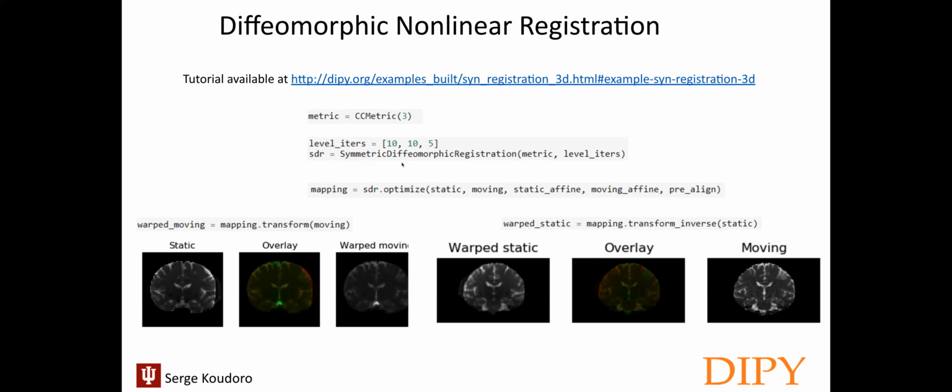This nonlinear registration is quite resource intensive and can be slow. So applying an affine transformation first could accelerate the process and make your warping faster. As before, you just need to define a metric, call the symmetric diffeomorphic class, and set it up with the metric, the level of iteration, and so on. Then you just call the optimize function, and it will give you the mapping of your data.